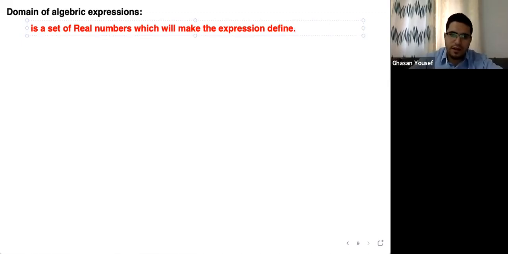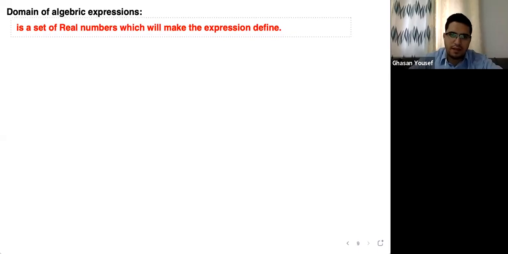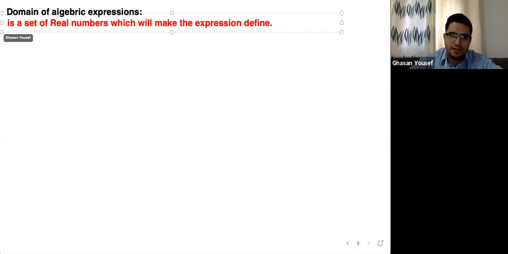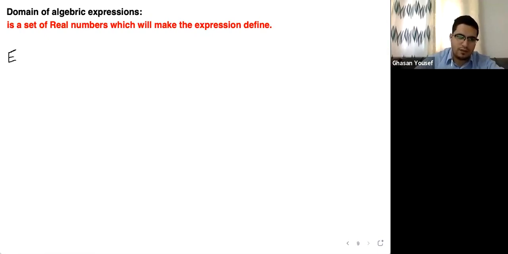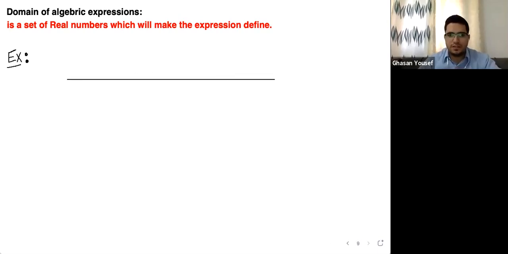I mean, well defined does not have any error. If I plug these numbers in, they will not give me any issue or errors. I'm going to give some examples to explain how we can find the domain. On the website, we have a lot of questions asking about the domain of an expression.